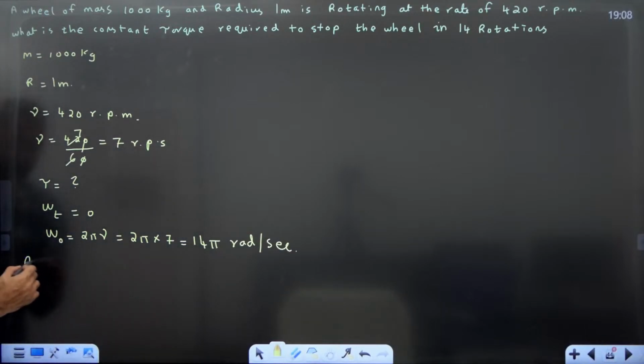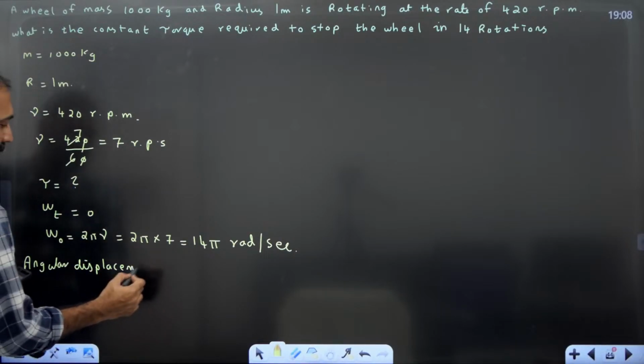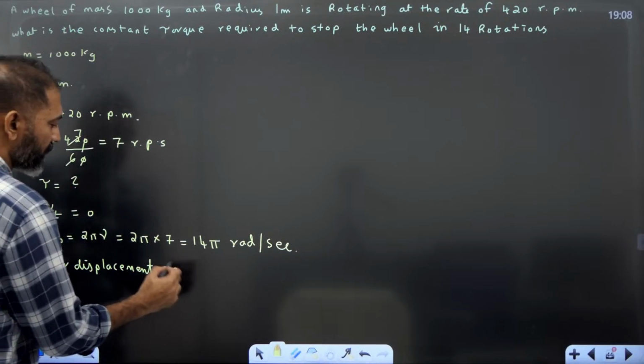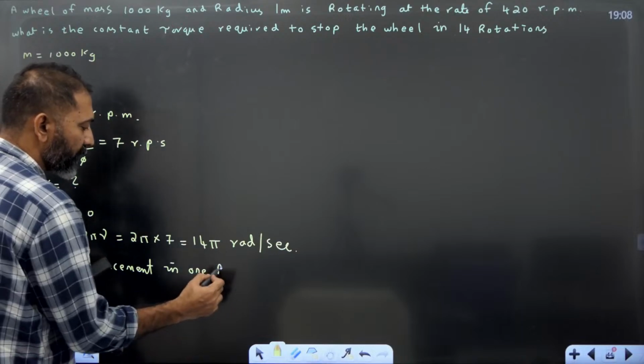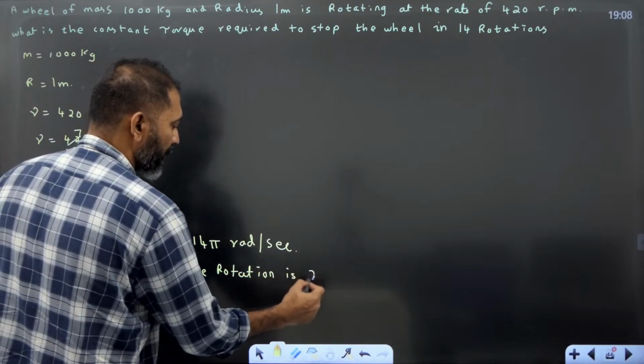Angular displacement in one rotation is 2 pi.